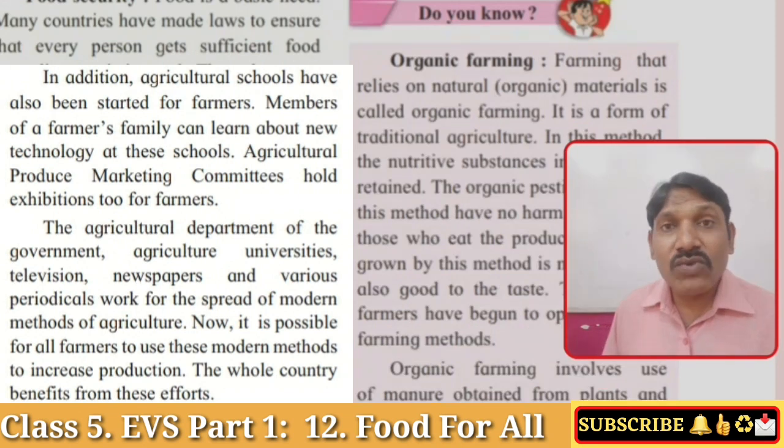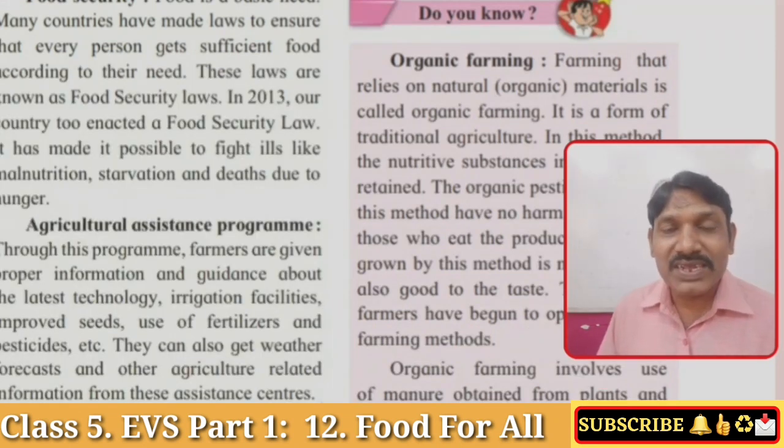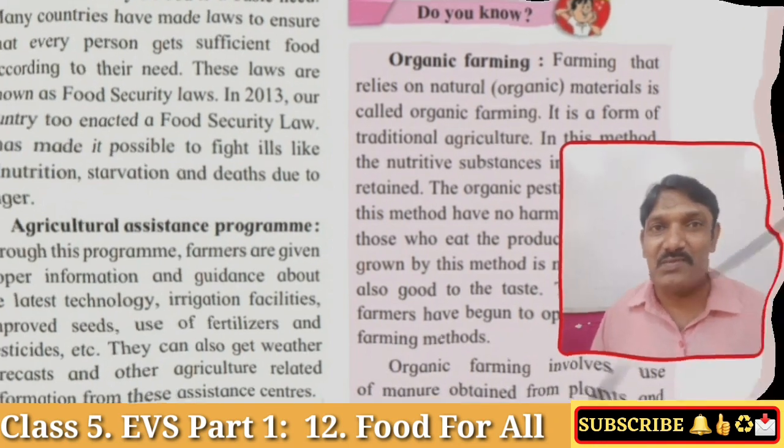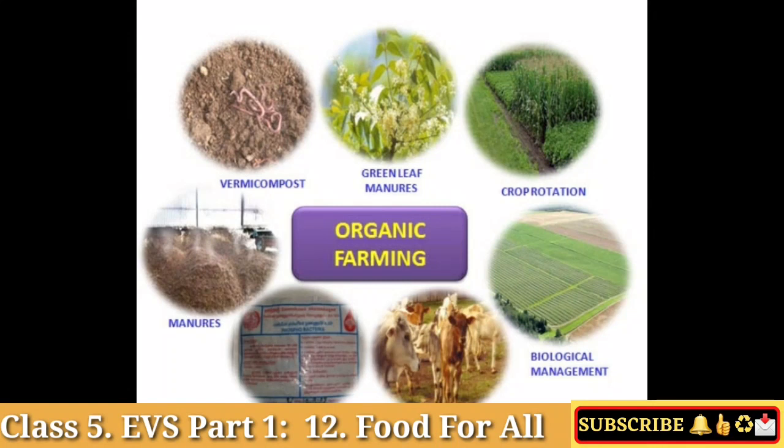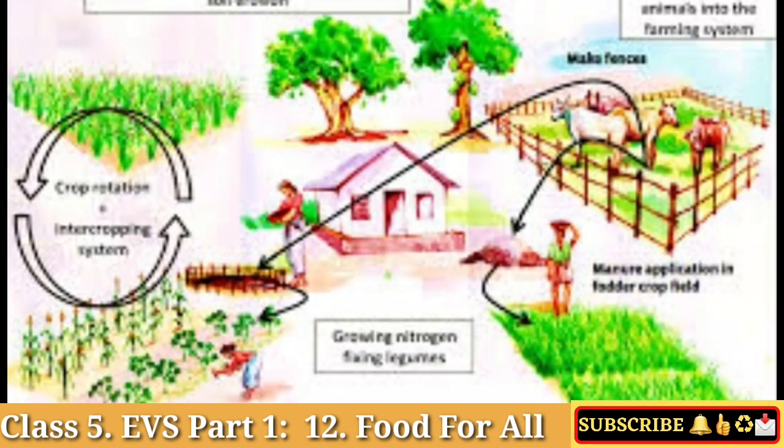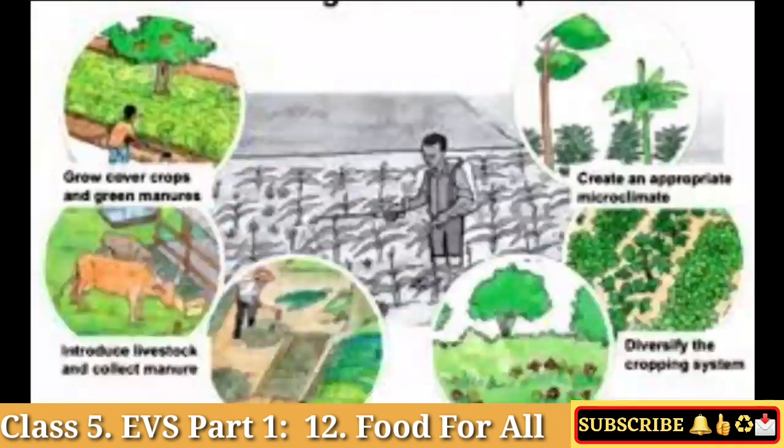Here now we are going to study about organic farming. So let's have information about organic farming. Organic farming, farming that relies on natural or organic materials, is called organic farming. It is a form of traditional agriculture. In this method, the nutritive substances in the soil are retained. The organic pesticides used in this method have no harmful effects on those who eat the produce.